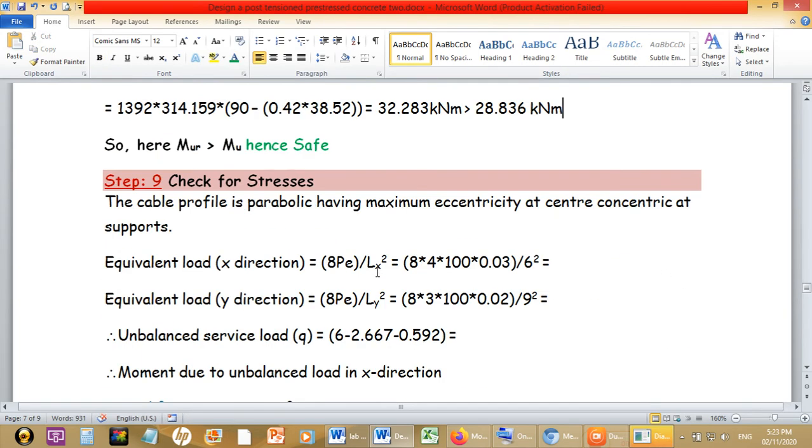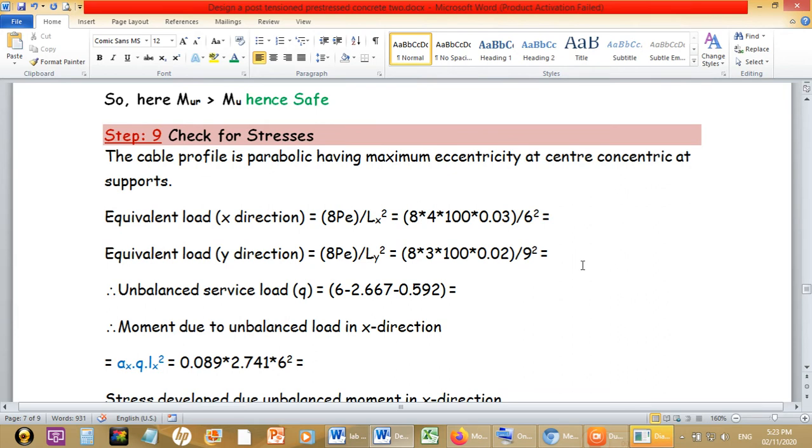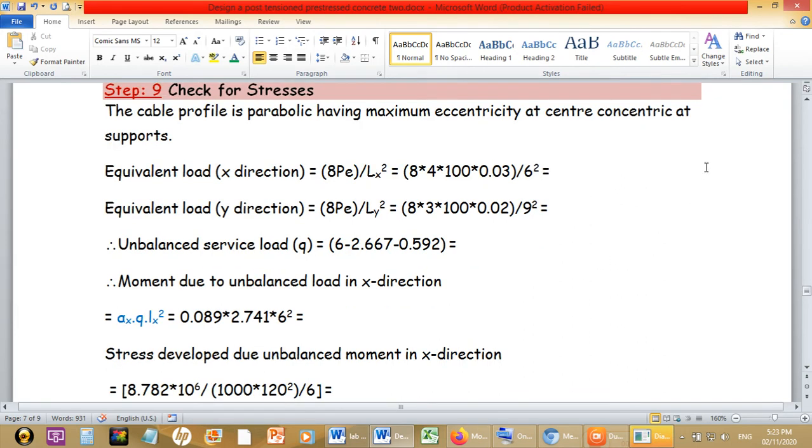Now the next check is the check for stresses. In the check for stresses, we are going to find out the compressive stresses, and compare the total compressive stress developed with the allowable compressive stress as per the IS requirement.